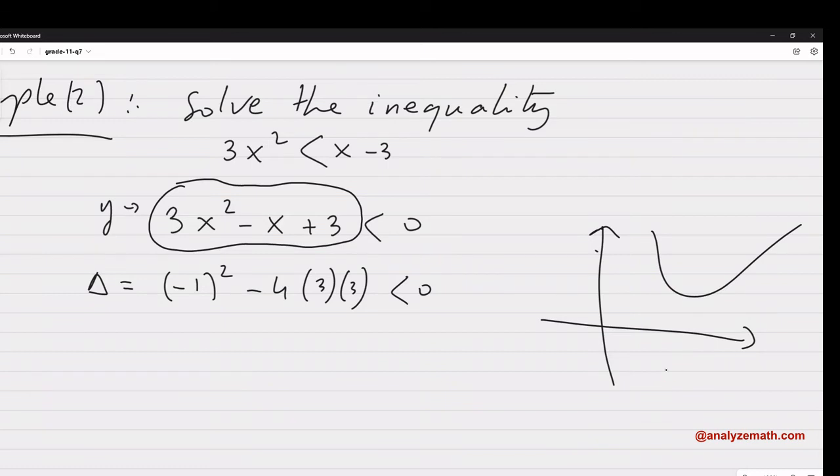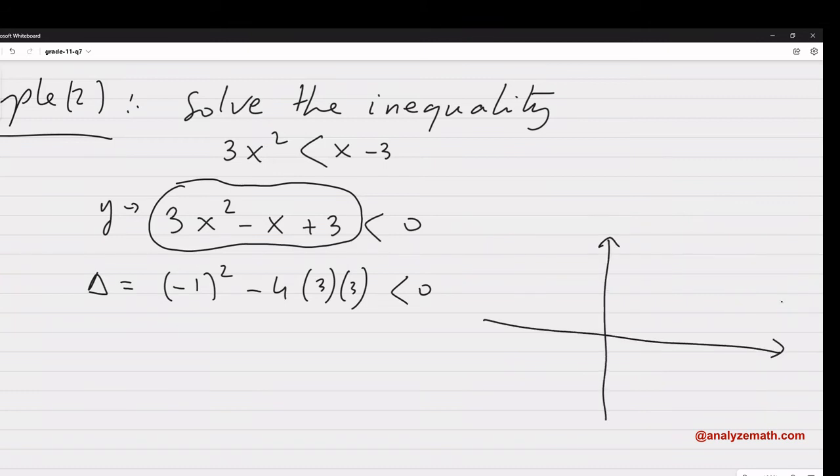That's one way to do it. So again, it's a parabola going up and doesn't cut the x-axis, and therefore it's always positive. We want something negative, so no solutions.